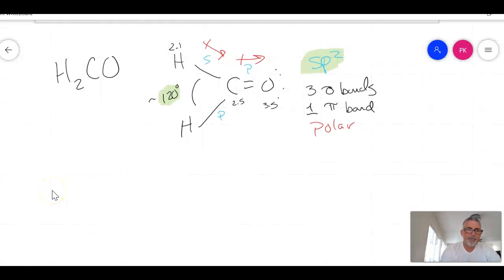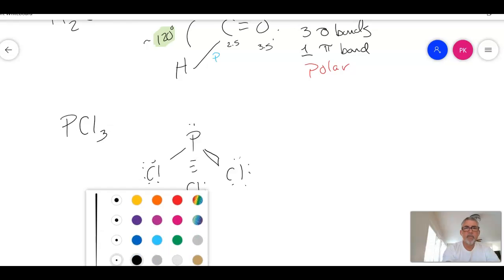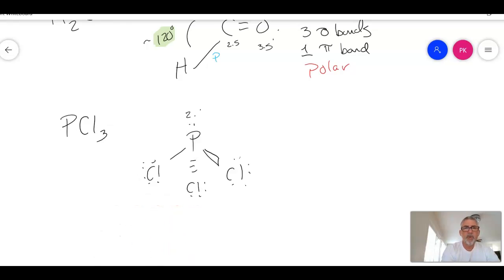So if I look at PCl3, right? So I get phosphorus. Right, so I'd get that. So this is 2.1. This is 3.0.